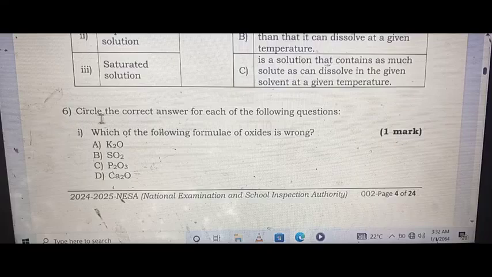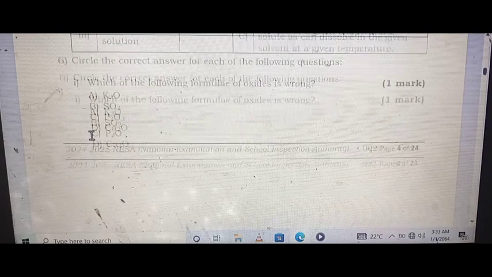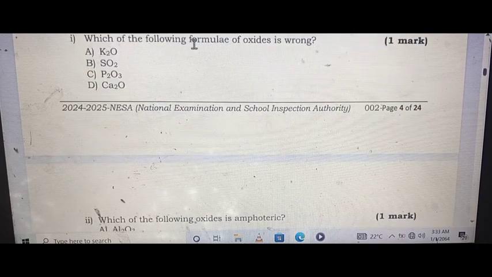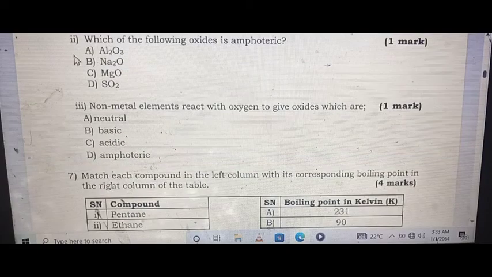Question 6. Circle the correct answer for each of the following questions. 1. Which of the following formulas of oxide is wrong? The correct answer is letter D, calcium oxide. 2.